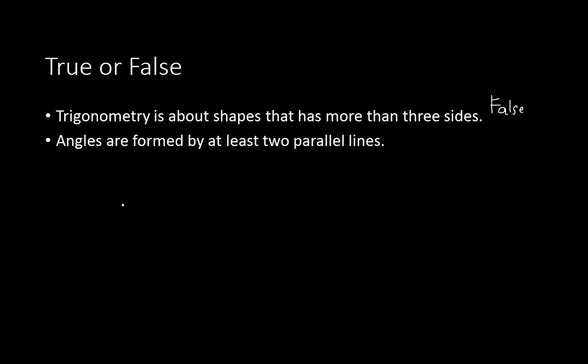When we say parallel lines, these are lines that do not intersect each other. Let me rephrase it. First, they do not intersect each other. Second, they go in the same orientation and direction. And third, they basically have the same distance away from each other. So for example, like this, all right?